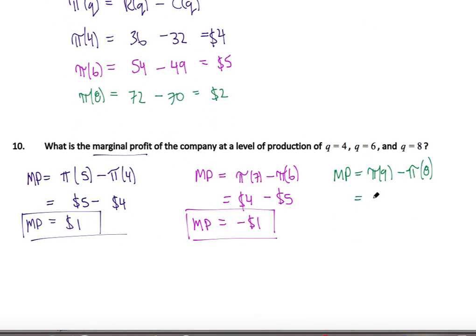So our marginal profit would be negative 1 minus 2. So we end up with, in fact, a marginal profit of negative $3. So we really are losing $3 per item by making one more.